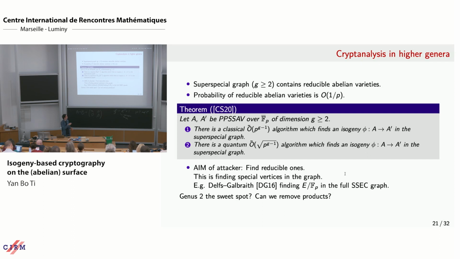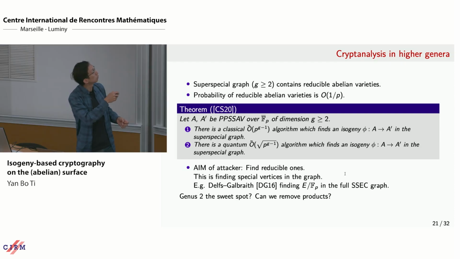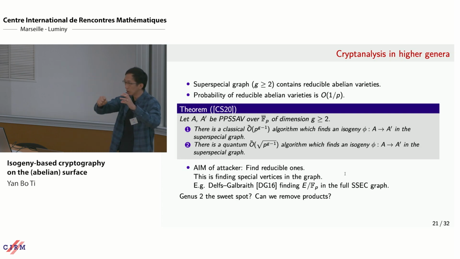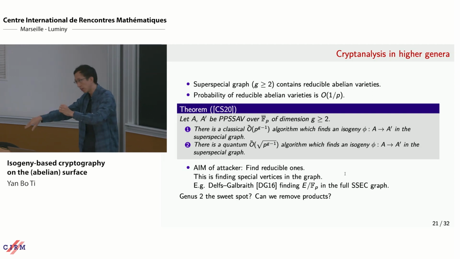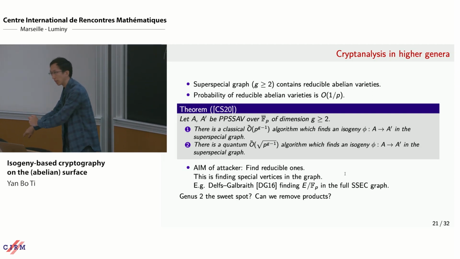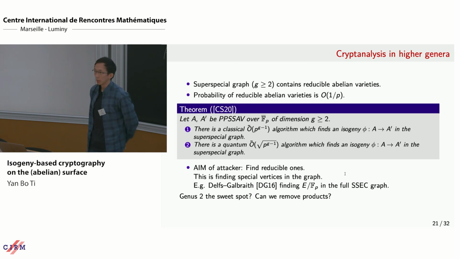The best algorithm to find isogenies between the paths would be to use this algorithm over here, which I didn't explain, but it's basically finding reducible ones. You go down a dimension, you find another reducible one, and you keep doing that. Okay, thank you. You're welcome.